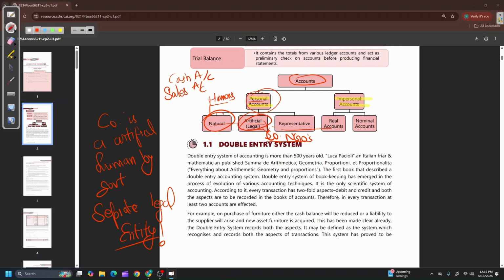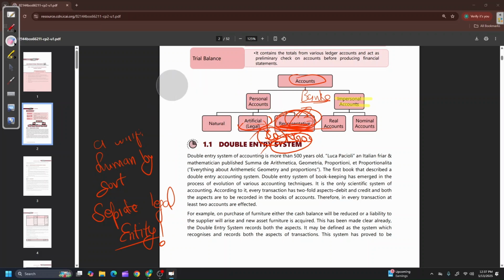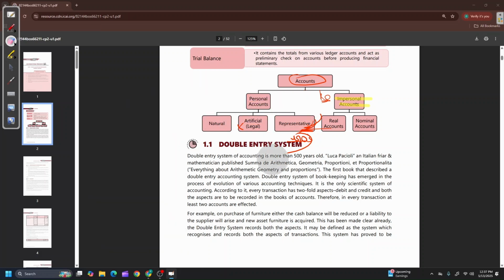So in artificial, companies and NGOs come. In representative, they can be banks, right? And representative I'll teach you later, moving forward in the chapter, so that we study everything but not with a hard and fast rule.